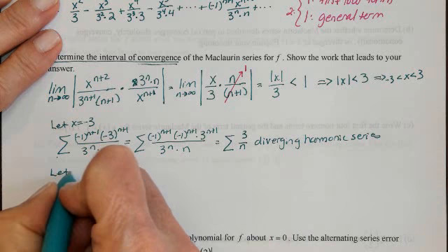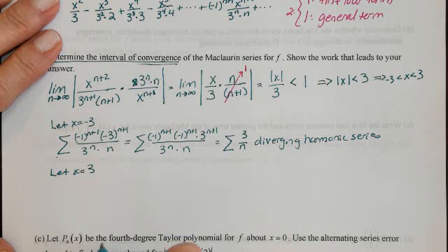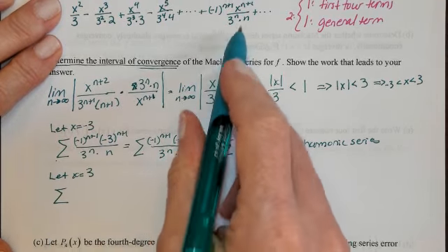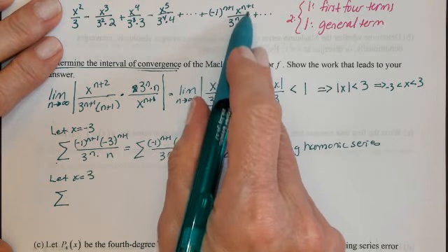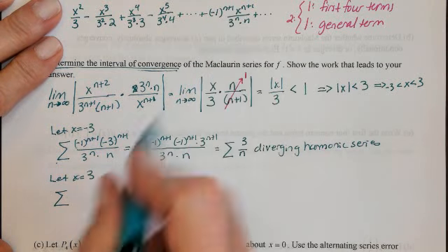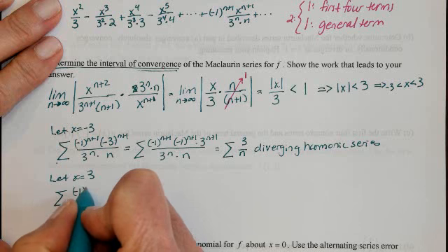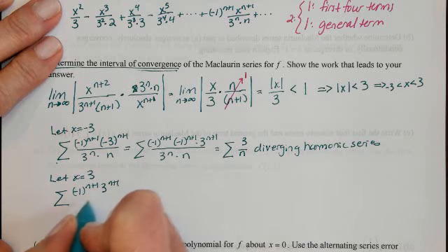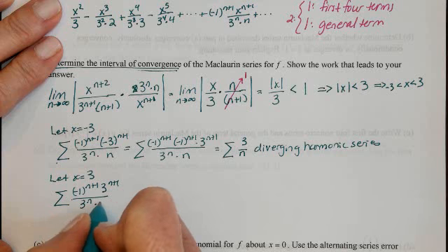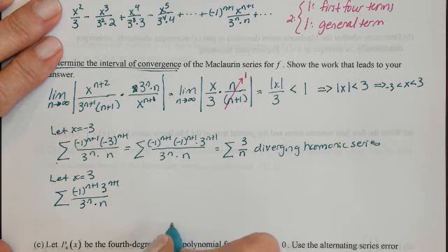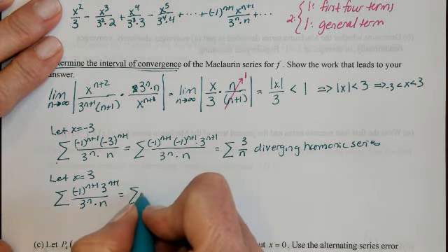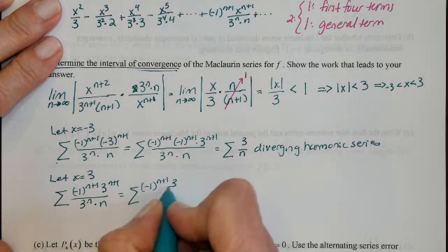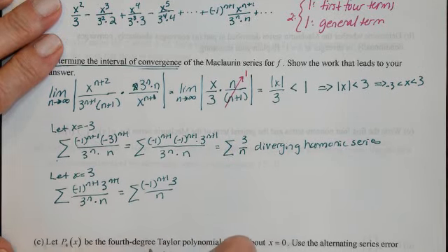Now we're going to let x be positive 3. If we let x be positive 3, again, I'm going up here, I'm looking at this, and I'm putting 3 in for that x. So I'll have negative 1 to the n plus 1 times 3 to the n plus 1 divided by 3 to the n times n. Well, the 3's are going to reduce, leaving a 3 on top over that n.